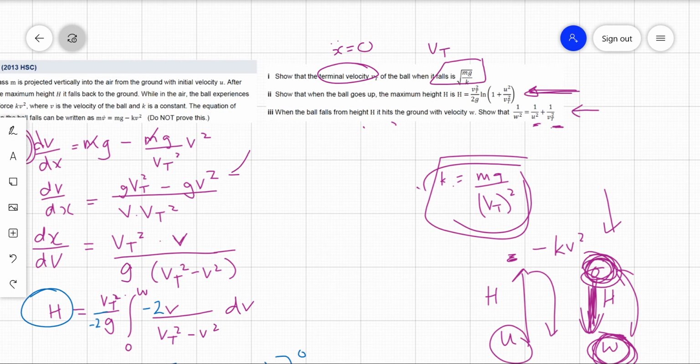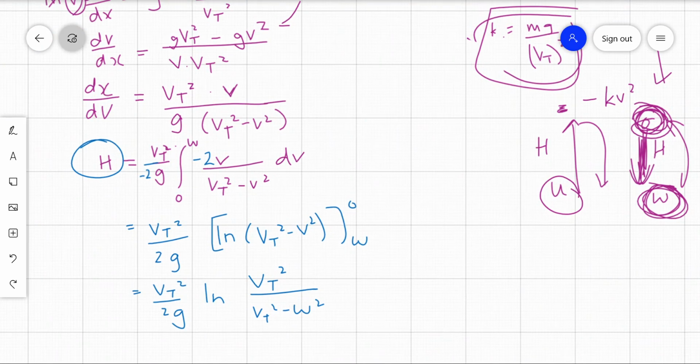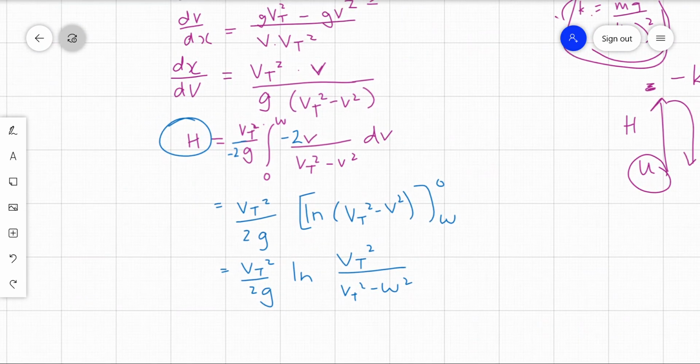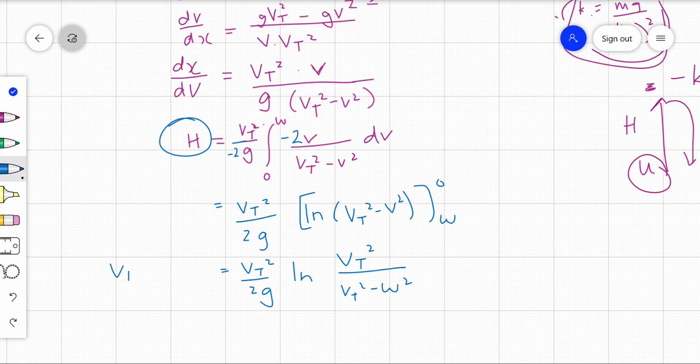There's just w squared, u squared, and vt squared. So I'm going to use that h value. Alright, what was h? It was vt squared on 2g log 1 plus u squared on vt squared.